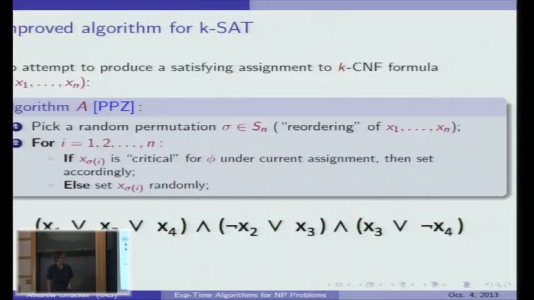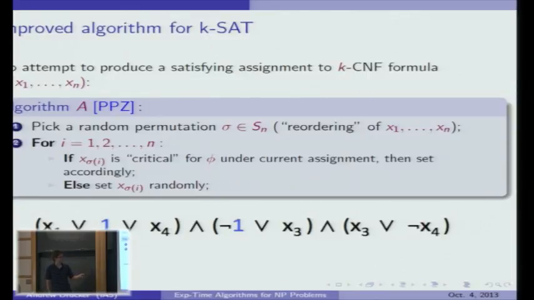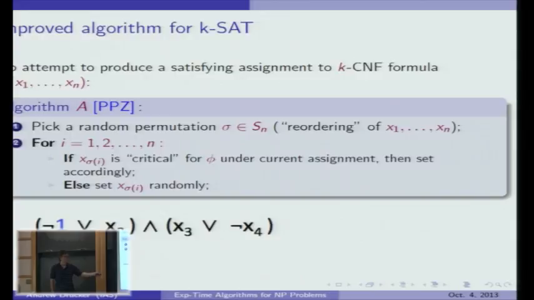So here's an example. Let's say our algorithm first picks x2 as the first variable to be fixed. Well, x2 is not critical, so we're going to fix it randomly. Say we fix it to 1. Now, this clause is satisfied by the 1, so we can just simplify.